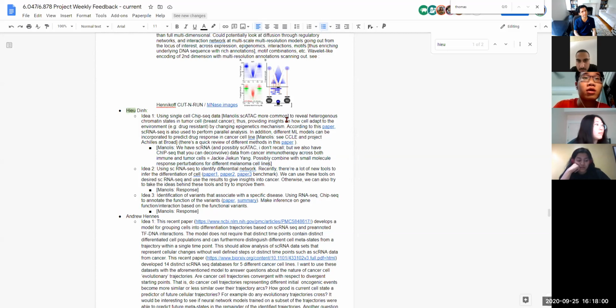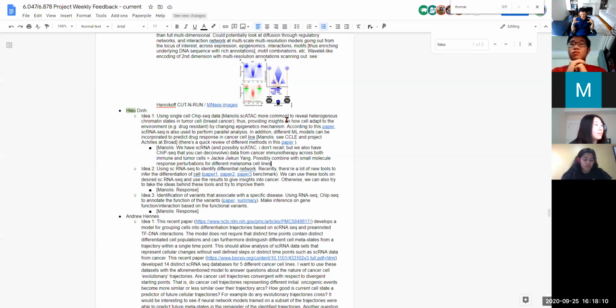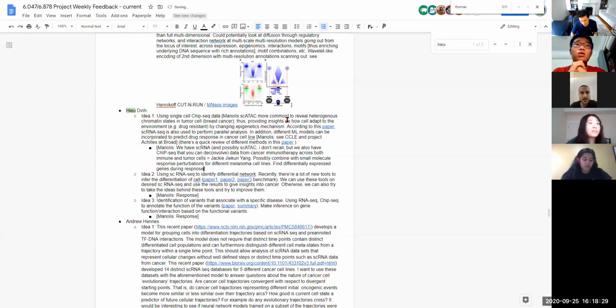So basically the idea there would be that you have the single cell RNA-seq data and you build clusters of cell type specific responses, to see how responders versus non-responders change. So find differentially expressed genes during response.